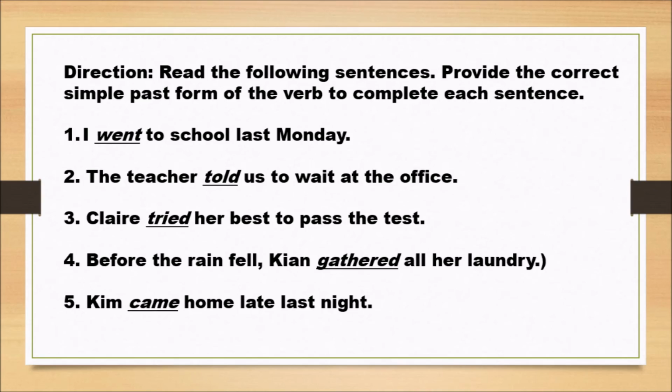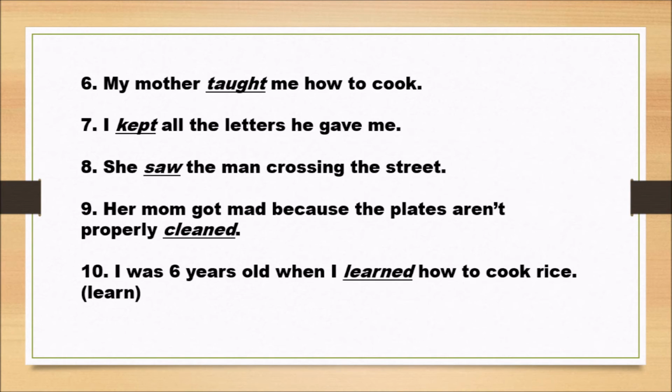Let's check your written activity. Well done! So before anything else, your assignment is to write a short narrative about your Christmas celebration last year and identify all the verbs that you used in the simple past form.